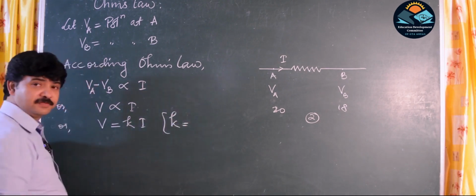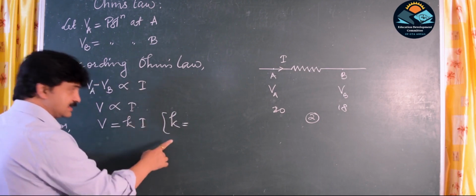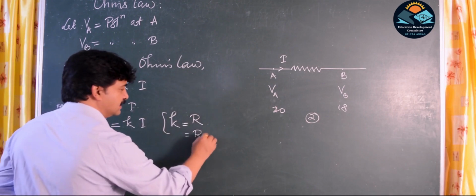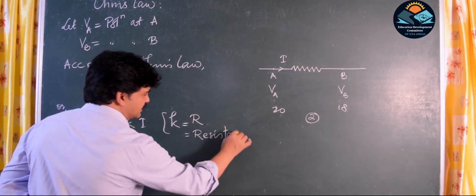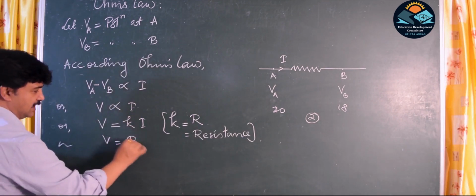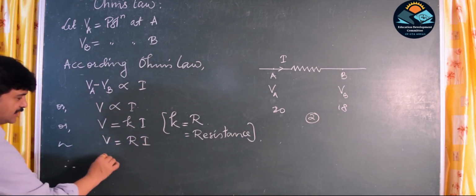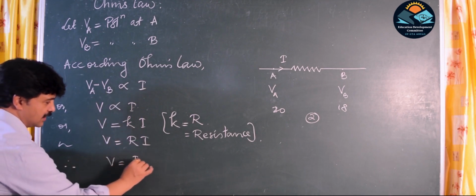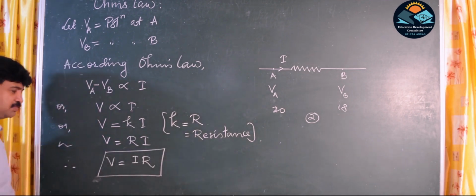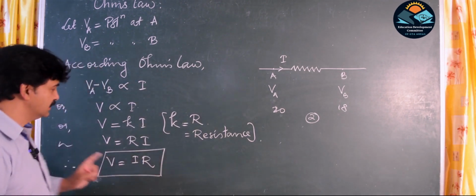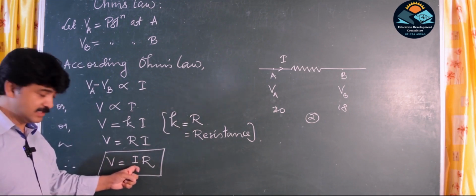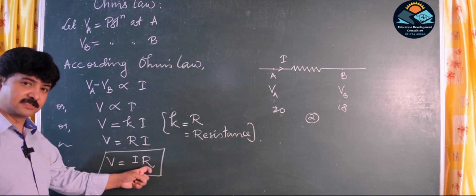K is the constant of proportionality, and this constant in this case is R, which is the resistance of the wire. That's why V is equal to IR. This is one of the most important formulas of this particular chapter. V is the potential difference, I is the current, and R is the resistance.